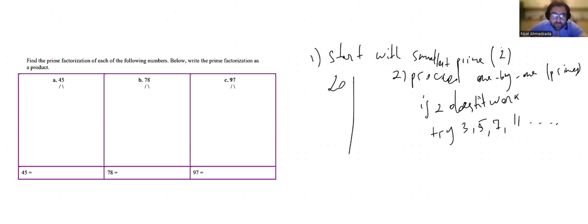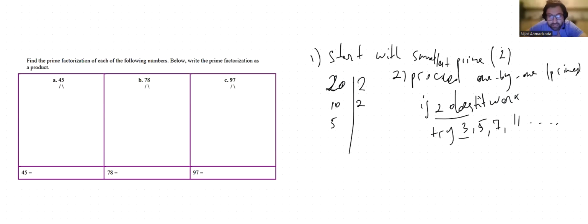So we go with 20, for example. We start with 2. Is it divisible by 2? Yes, it does work. 20 over 2, what is that? 10. Again, we try 2. Does it work? Yes. What's the answer? 5. Is it divisible by 2? No. Then we try 3. Is it divisible by 3?